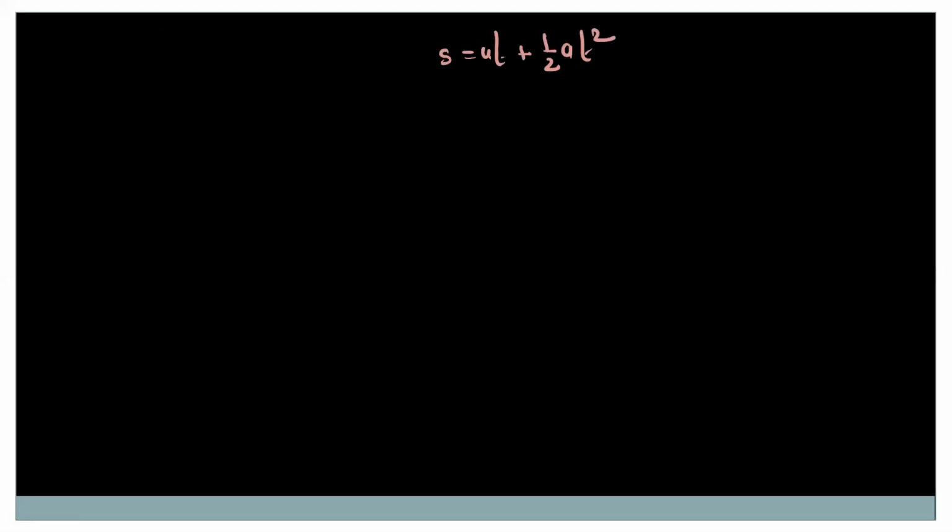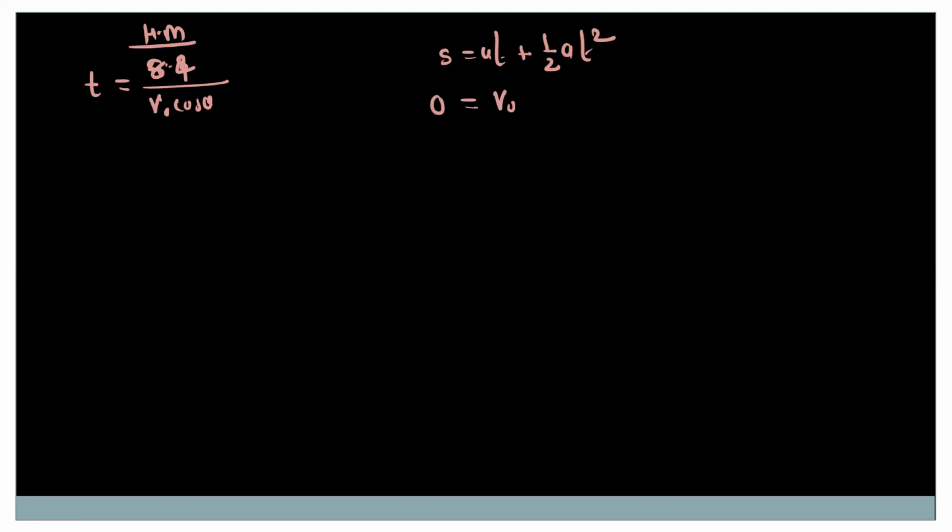So from the horizontal motion, we have the equation for time. This is equal to 8.4 divided by V naught cos theta. And S is equal to, from vertical motion, this is 0.